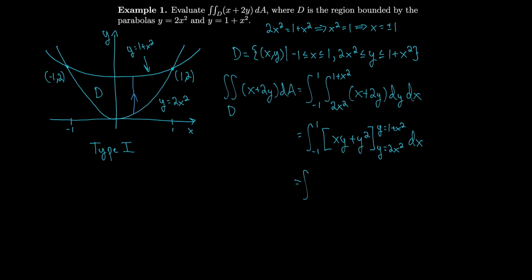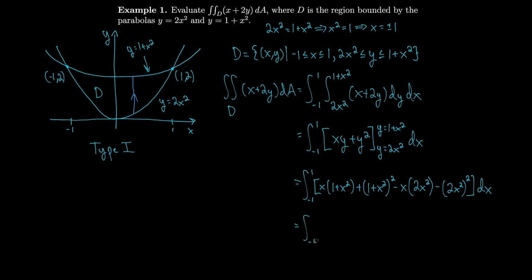So that becomes the integral from -1 to 1 of x times (1 plus x squared) plus (1 plus x squared) squared minus x times 2x squared minus (2x squared) squared, dx.